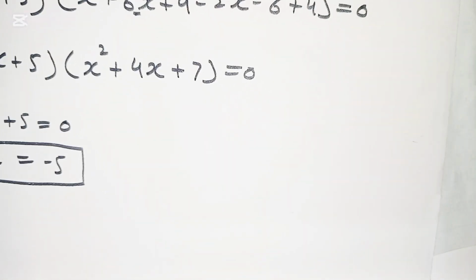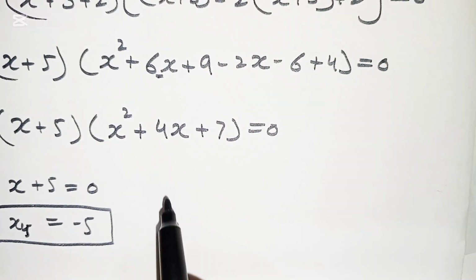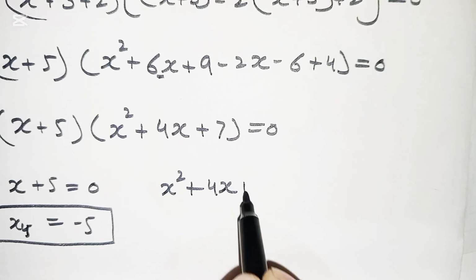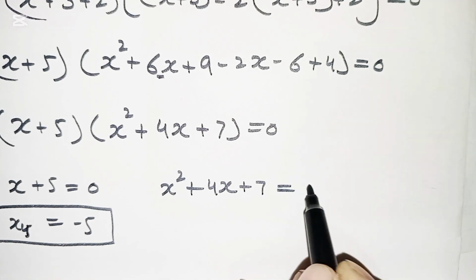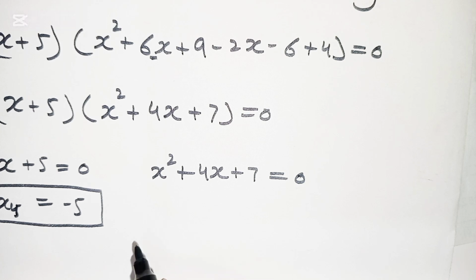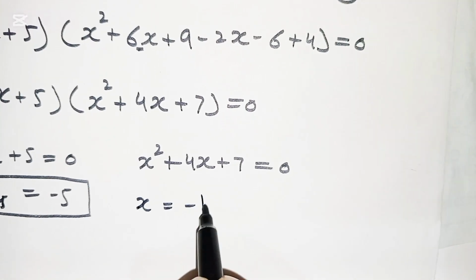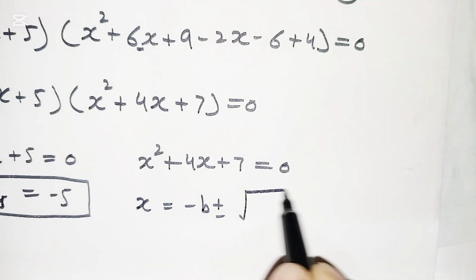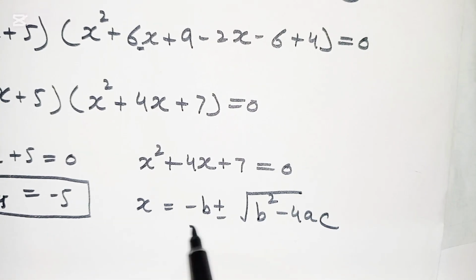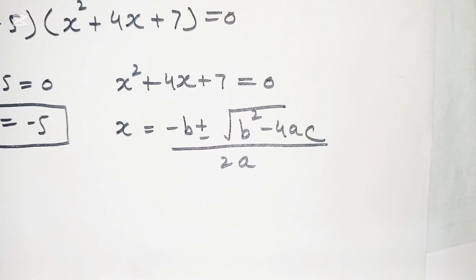And now we find the fifth value of x from x square plus 4x plus 7 is equal to 0. And here we can use the quadratic formula, which is x is equal to minus b plus minus square root b square minus 4ac over 2a. And now here we put the values in this formula.